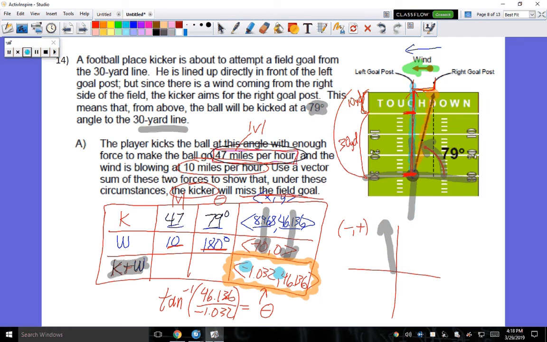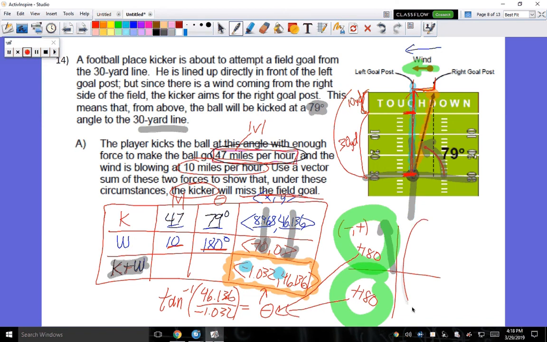Now remember, because we're in quadrant 2, like we would do also in quadrant 3, we're going to add 180 to whatever we get here. Remember, if we're in the first or fourth, we don't do anything. We just write exactly what you see from the calculator.